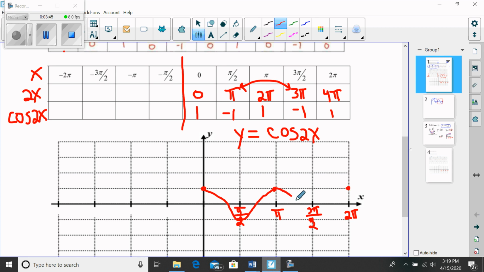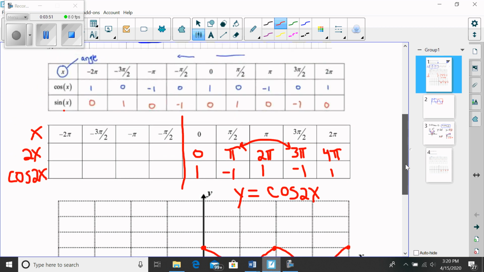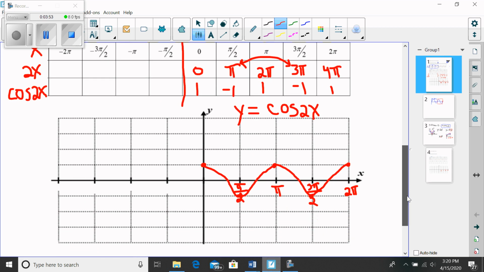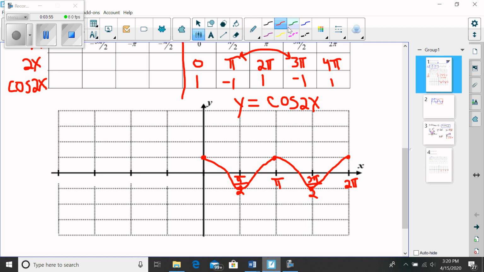So what I notice when I multiply by 2 is it speeds it up, right? So if my original cosine curve, let me draw the original curve here in green, okay? My original cosine curve looks like this, right?